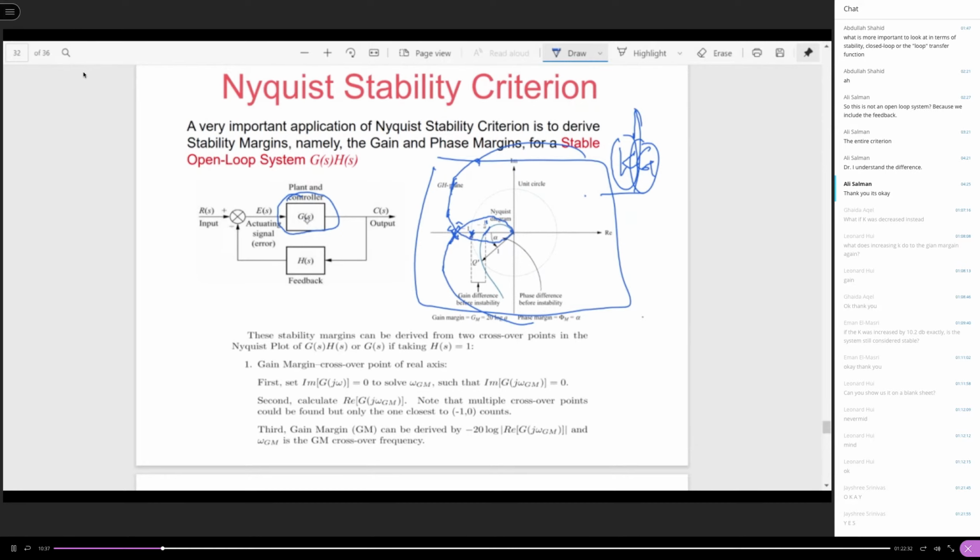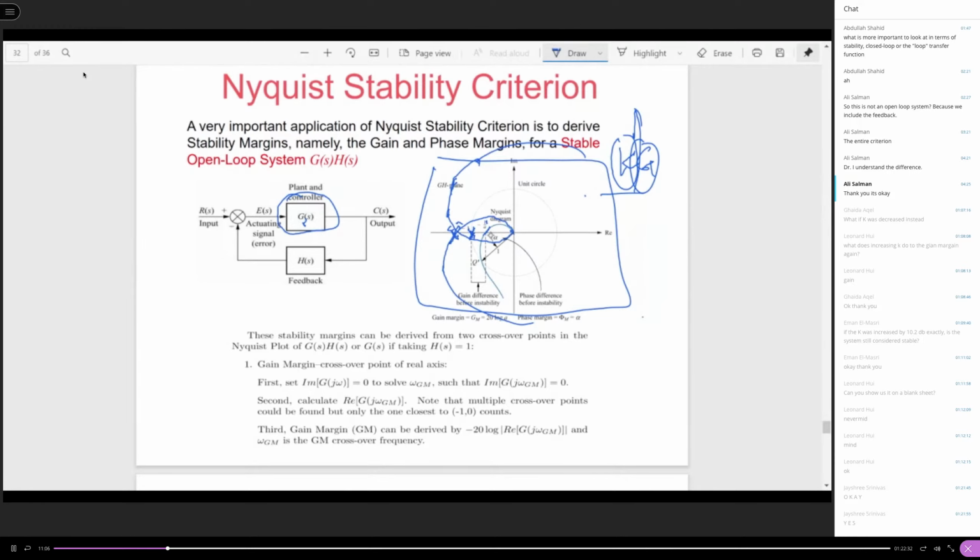Because we assume G(s) is stable, if the encirclement happens, you don't need to say anything else. The closed loop system will not be stable. So you can see that the crossing at the -1, 0 point is the critical point. It separates the unstable closed loop system and the stable closed loop system.